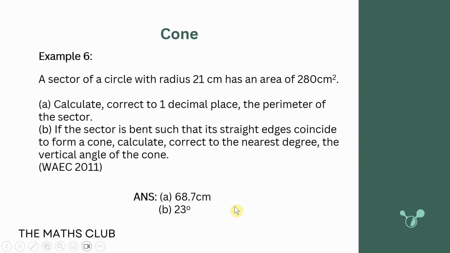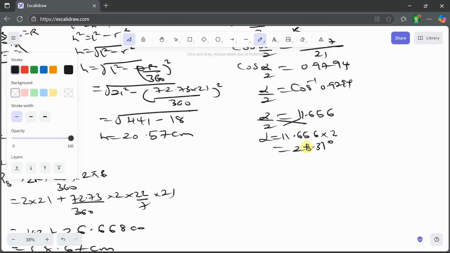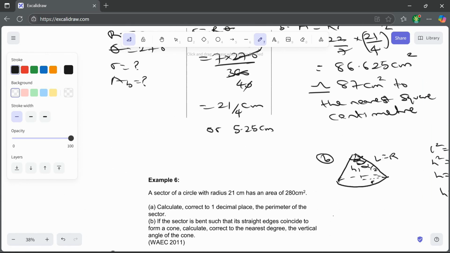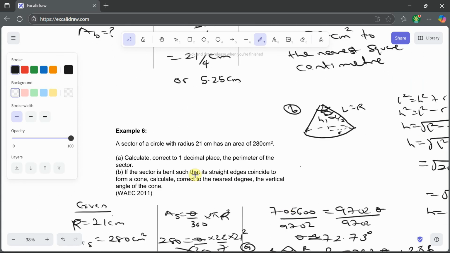Great, but it is not entirely correct because it said correct to the nearest degree. So to the nearest degree, this is approximately 23 degrees because this is not up to 5. For the first question too, we are not good, because the question says we should calculate and correct to 1 decimal place.